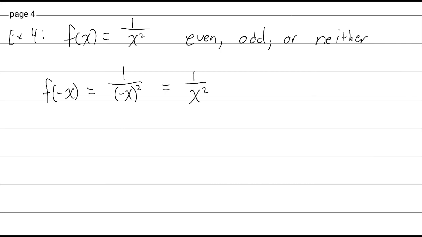How does that compare to the original? They're identical, right? So changing x to a negative x ended up giving me the original. So the function is even. Right? So if everything gets back to normal, it's even.